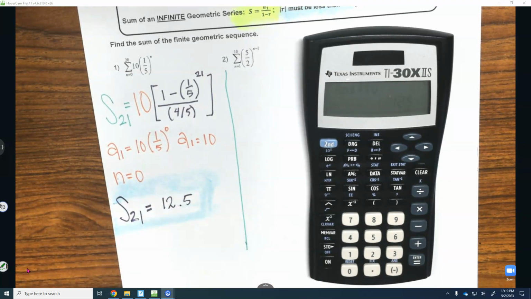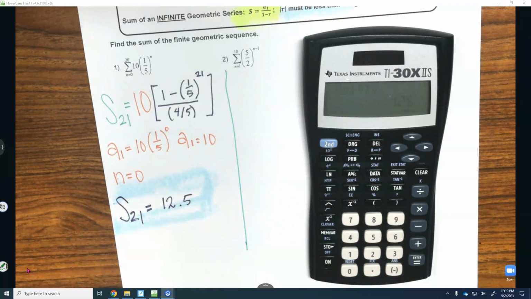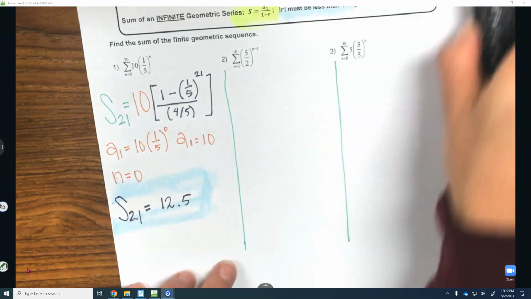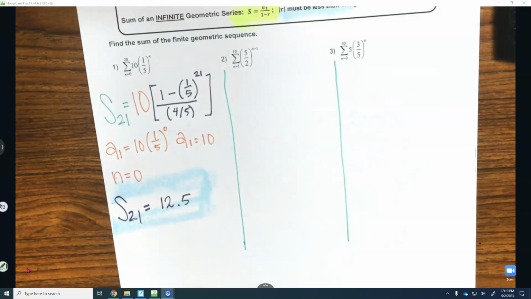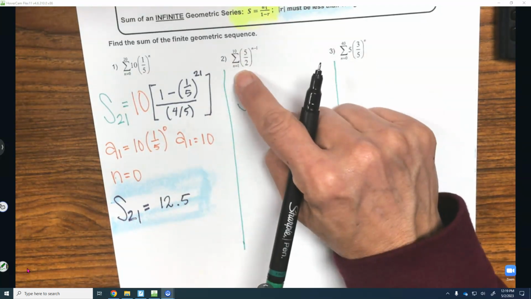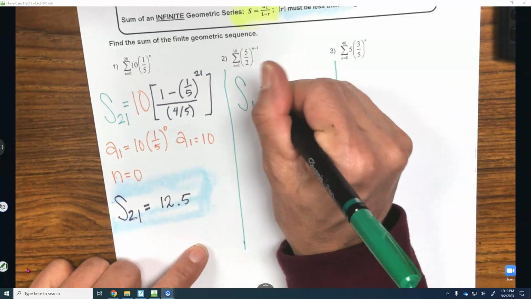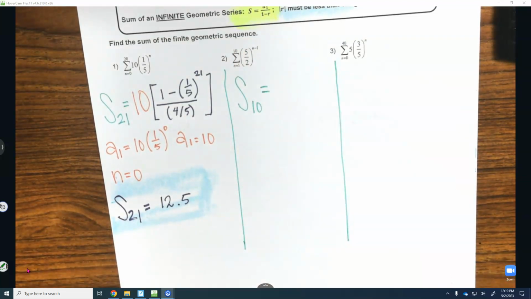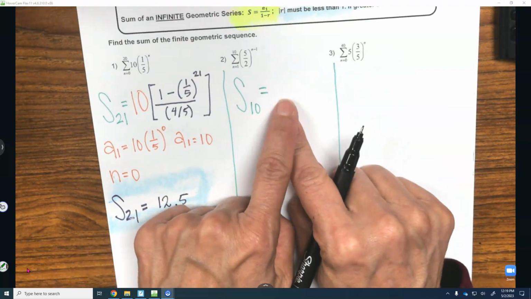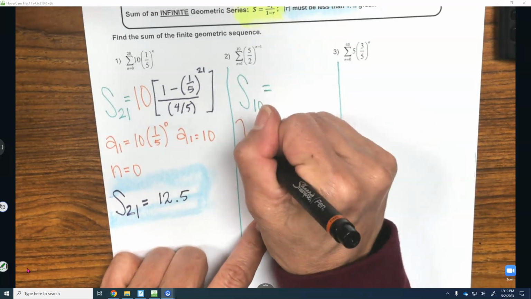Let's try it again. Let's look at number 2. So for problem number 2, notice where it starts. For problem number 2, it starts on 1. So it's safe, guys. 1 through 10 is exactly 10 numbers. We're going to be good on that. But before I do anything, a sub 1 goes right here. So we need to figure out a sub 1.